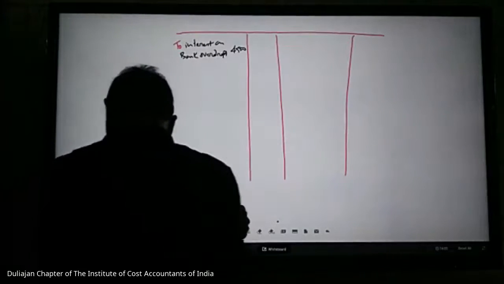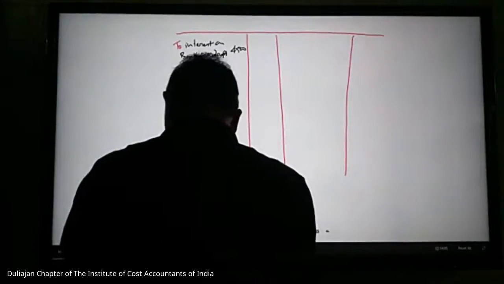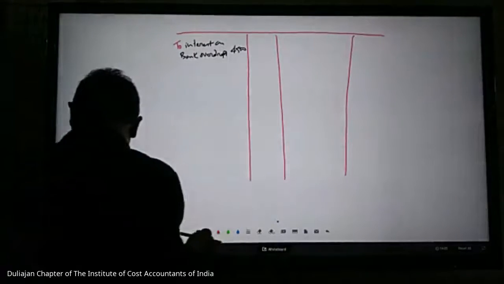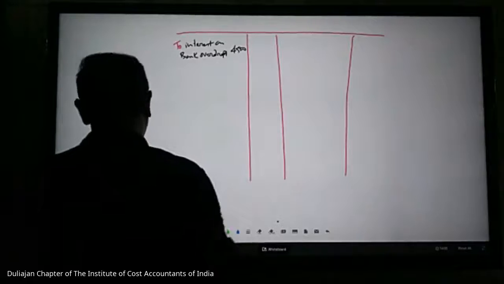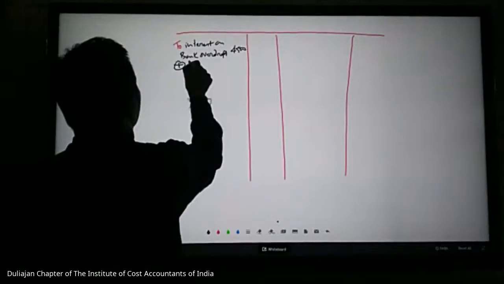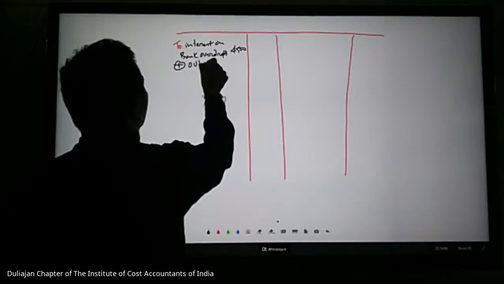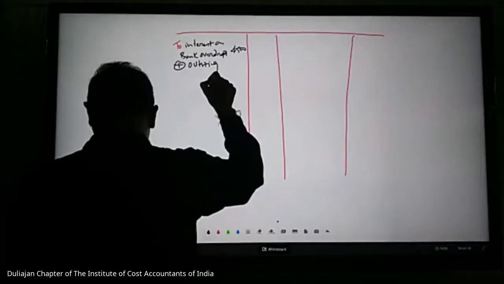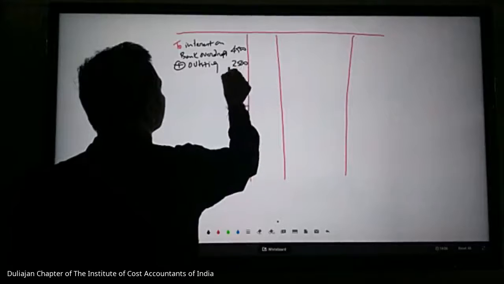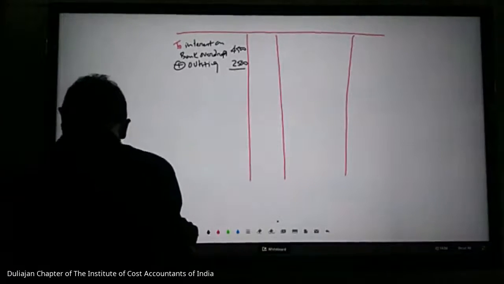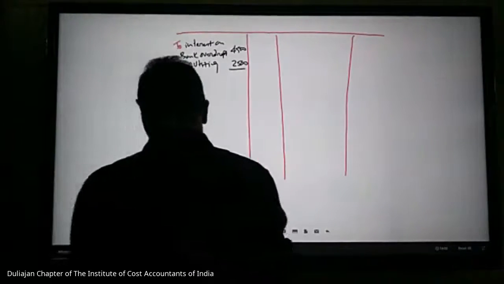And adjustment number 3, outstanding interest on bank overdraft, 2,500 and 1,000.